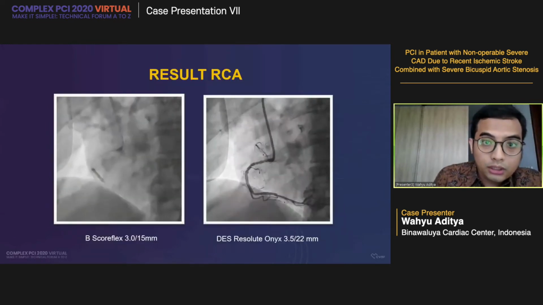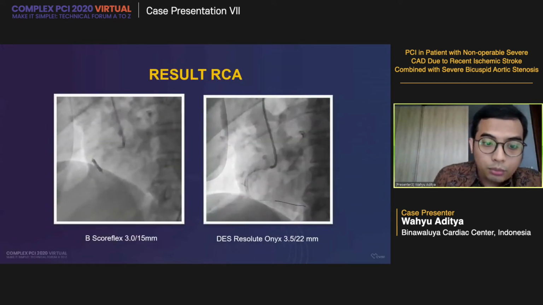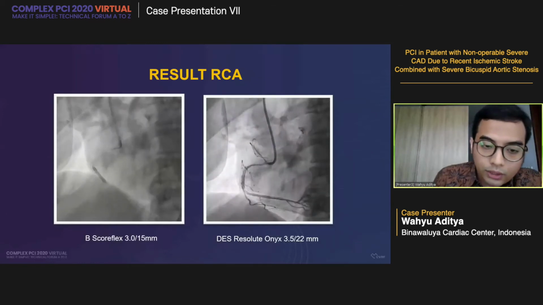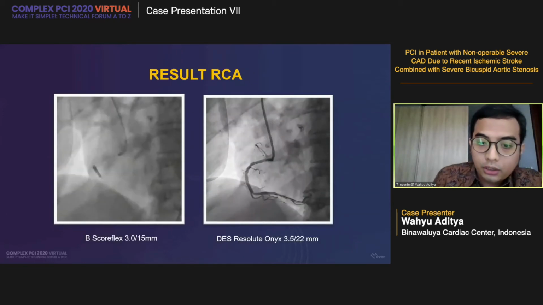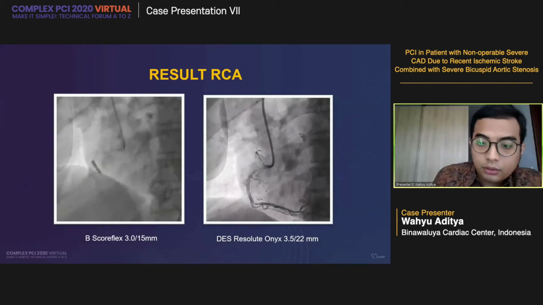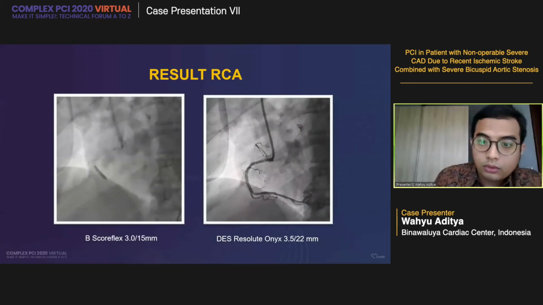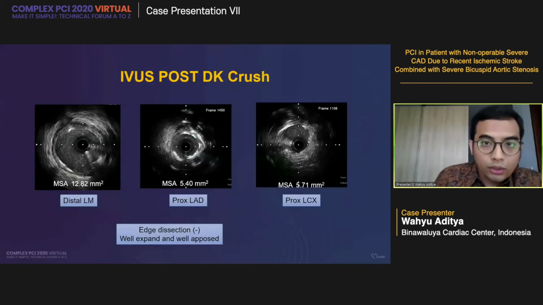And then we did the RCA, opened with a Scoreflex balloon 3.0/15, and then we put a stent 3.5/22, and then we evaluate with IVUS.